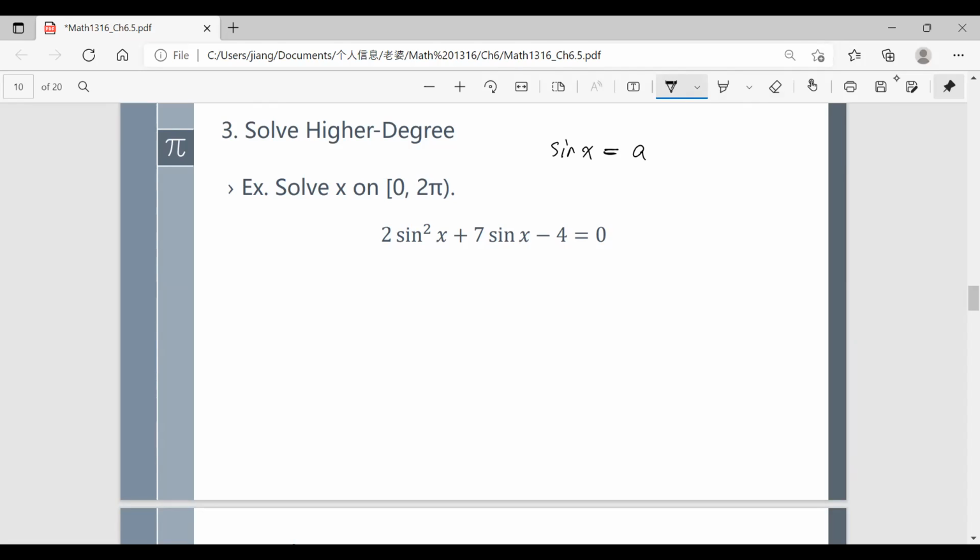So I can write it down like 2a squared plus 7a minus 4. Use a crisscross. So 2 equals 2 times 1, 4 equals 1 times 4, and this is a negative sign. I should put it here because I need to cross multiply.